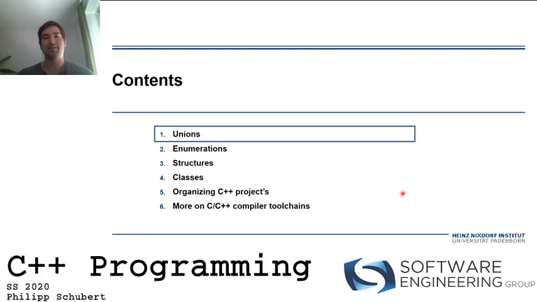And at the very end, we are also going to discuss today how to organize C++ projects. So at some point, probably not in this lecture, but maybe later on in your career, or if in your master thesis you have to implement a larger piece of software, a larger project, then it's very important to know how to organize C++ projects, and we will discuss that in today's lecture.